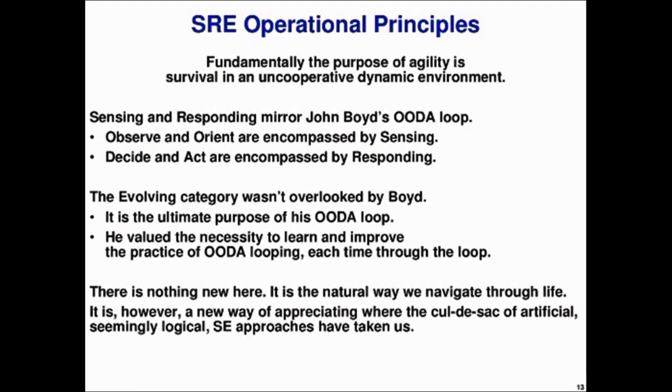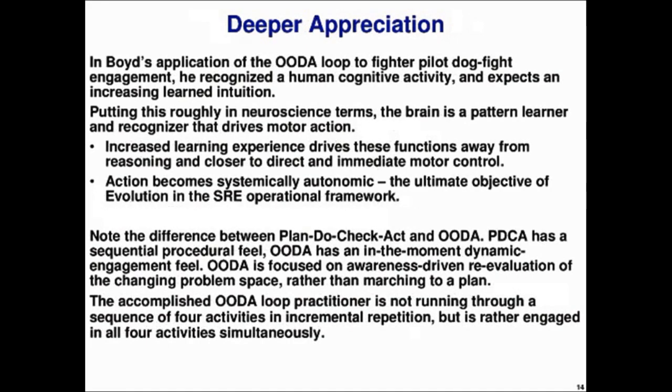So again, we're not in the sequential plan, do, check, act activity. We're in a sensing and responding and evolving concept that has 4 elements to it, but they happen, hopefully, simultaneously. Deeper appreciation, I've already said some of that there.